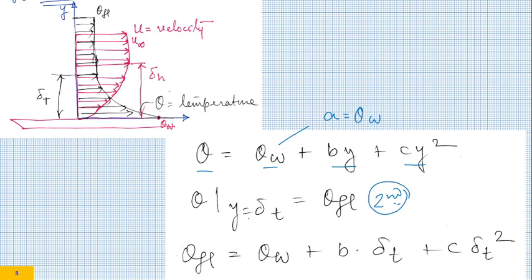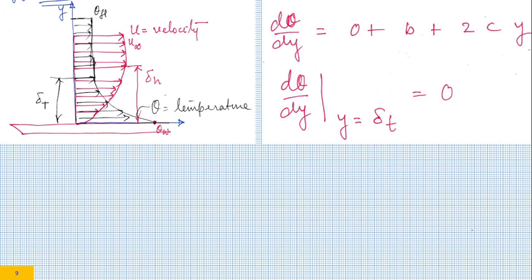How much is the value of theta at the end of the thermal boundary layer? At this particular position and onward, upward, it is equal to theta FL, the fluid temperature. So at y equal to delta T, this is equal to the fluid temperature. So I put it as theta FL. This remains theta W, Y becomes delta T, and Y square becomes delta T square. So this is the second boundary condition that we have put.